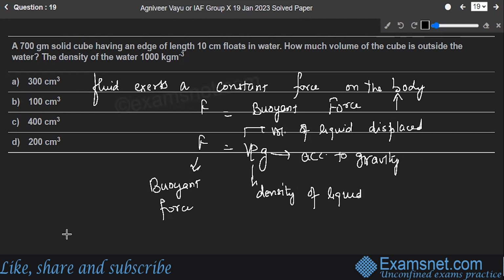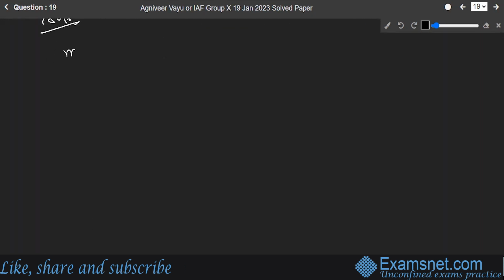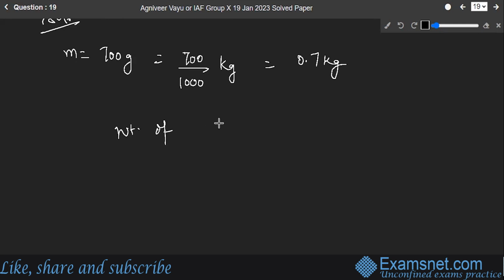All right. So let's move to the solution of the sum. Here we are given the mass is equal to 700 grams, which is equal to 700 upon 1000 kg or 0.7 kg. And you are given that in floating bodies, weight of fluid is equal to buoyant force.